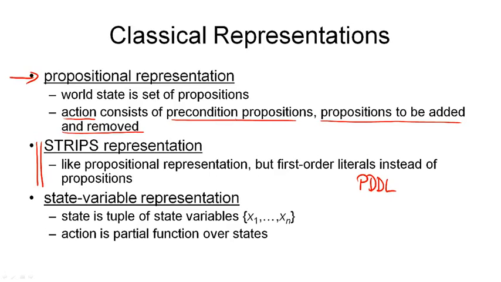And just as a reminder, there was also a third flavor of this type of representation, the state variable representation, but I won't go into detail here as we're not going to use it in this segment. But as a reminder, this representation is also essentially equivalent to the strips representation. So nothing can be said in one of these three representations that can't be said in the others.